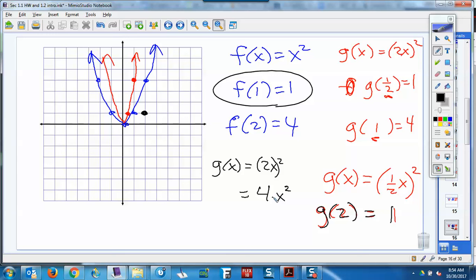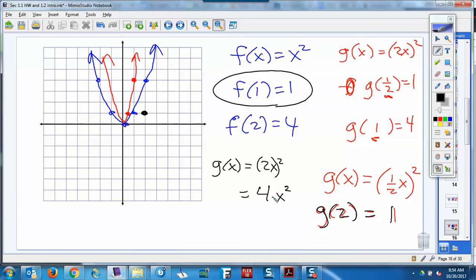Well, sure enough, this point that was down here at 1, 1 is now up here at 1, 4. So on a parabola, that's not true with all graphs, but on a parabola, a compression of 2 horizontally is equivalent to a vertical stretch of 4. They're the same.